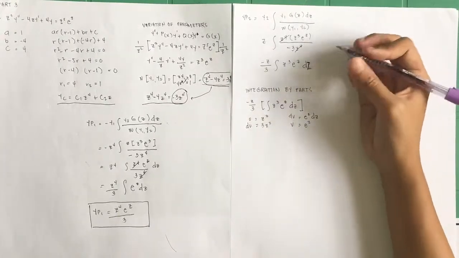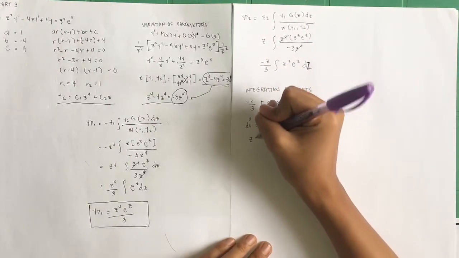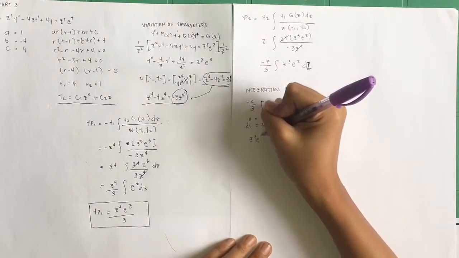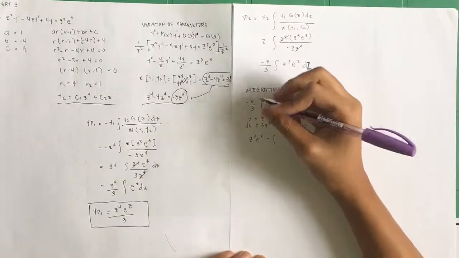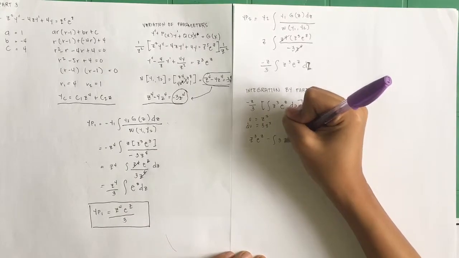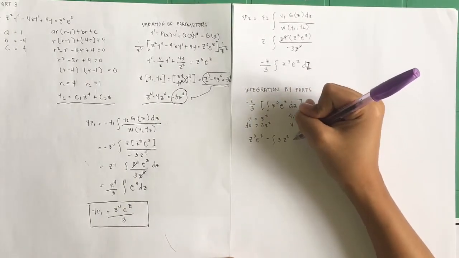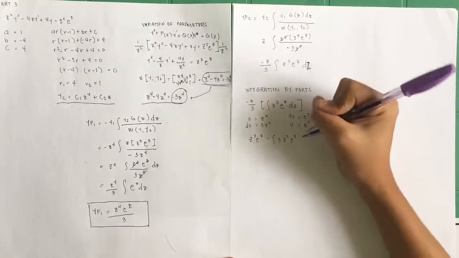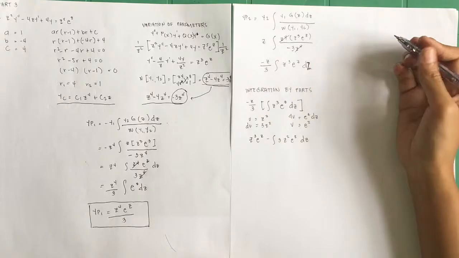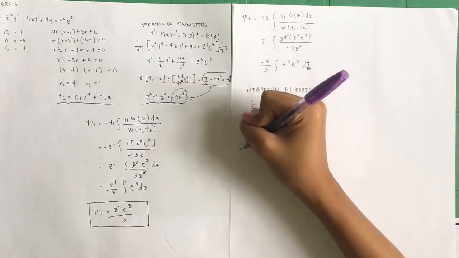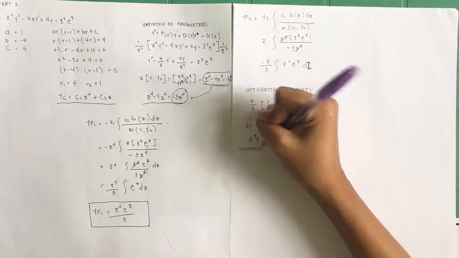Then write the answer. Just by multiplying it, we can get the answer. I just use a little shortcut here, but it's easy to identify. Since it's not yet simplified, we'll do another integration by parts.